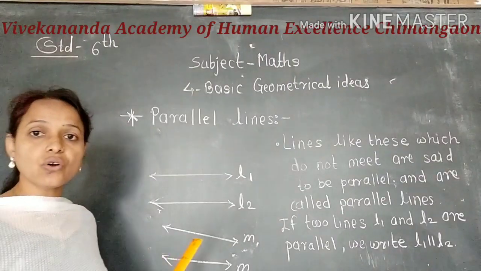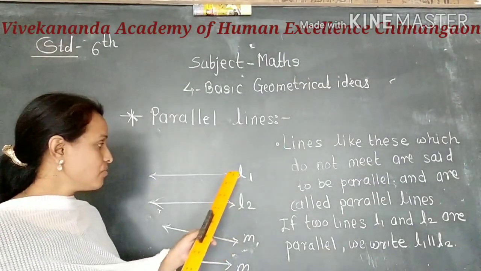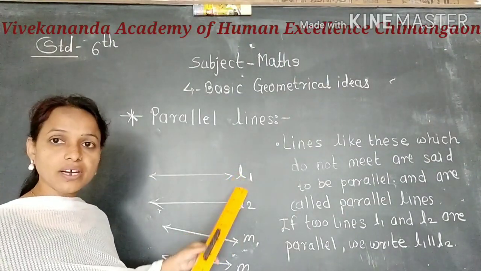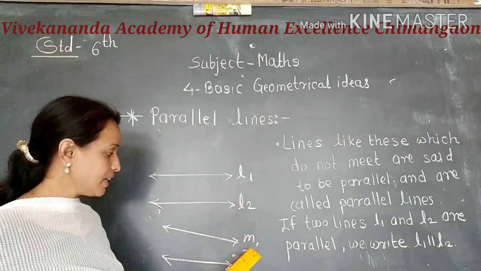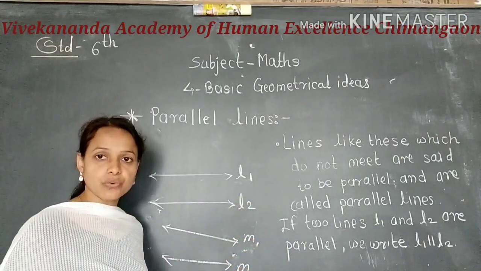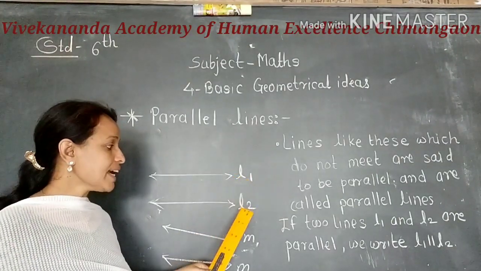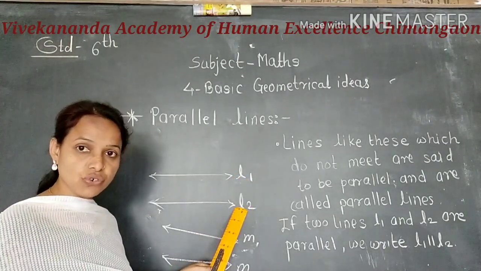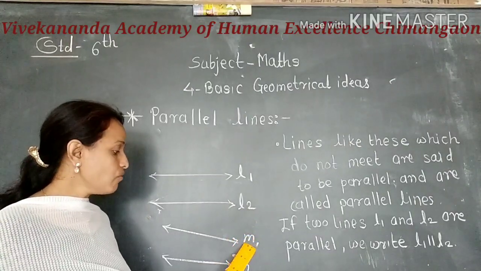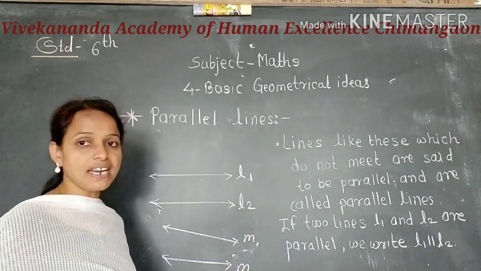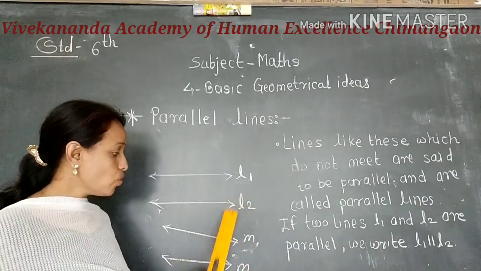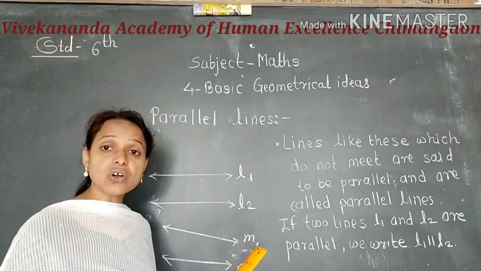Here I have drawn two pairs of lines. First, line L1 and L2, this pair, and another, M1 and M2. From these two figures, lines L1 and L2 are parallel to each other, but lines M1 and M2 are not parallel to each other, though both pairs of lines do not intersect.